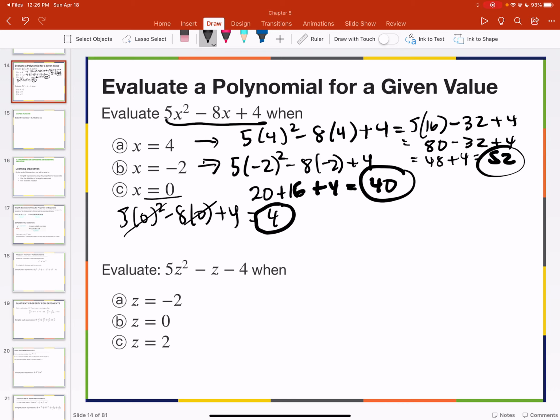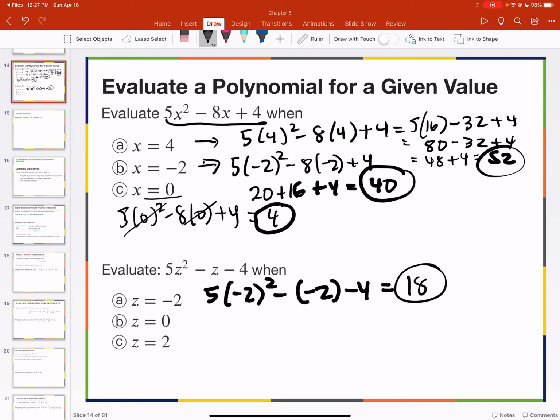Okay, so if we did these already, you guys can practice these further. I'll go ahead and work these ones out because they're just here, just asking to be worked out. Okay, so this is going to be 20 plus 2 minus 4. So check my work. 20 plus 2, that's 22. Minus 4, that's 18.